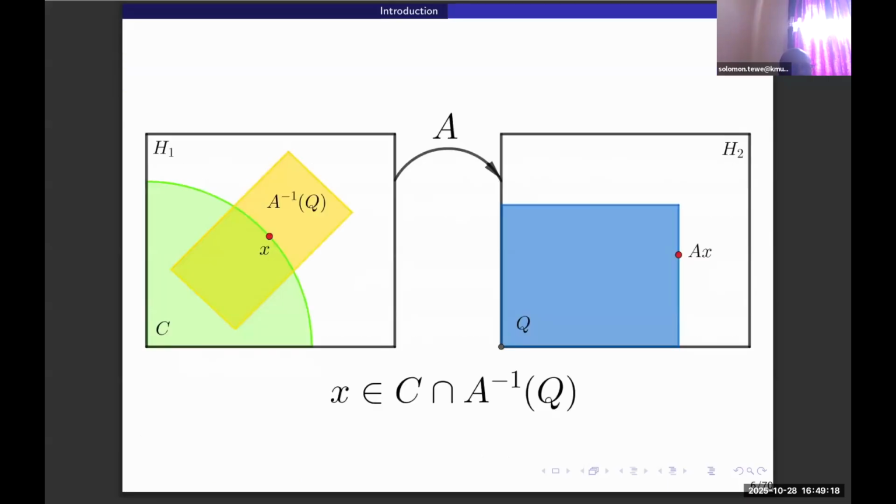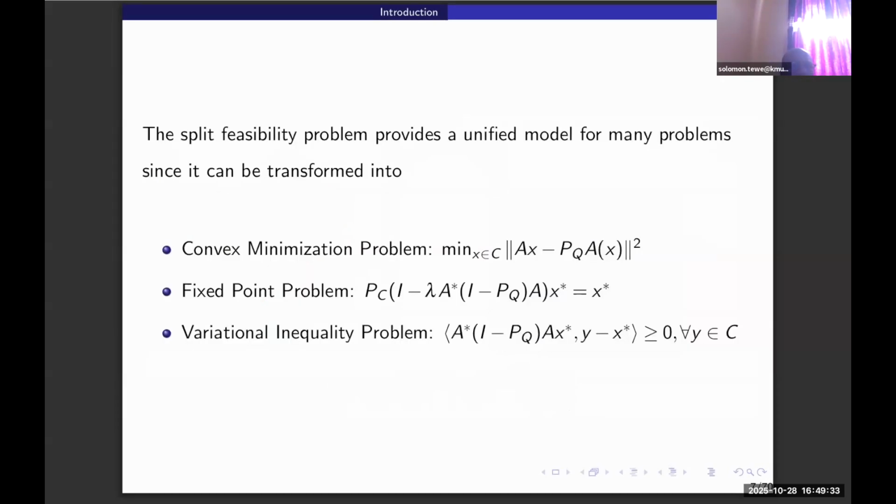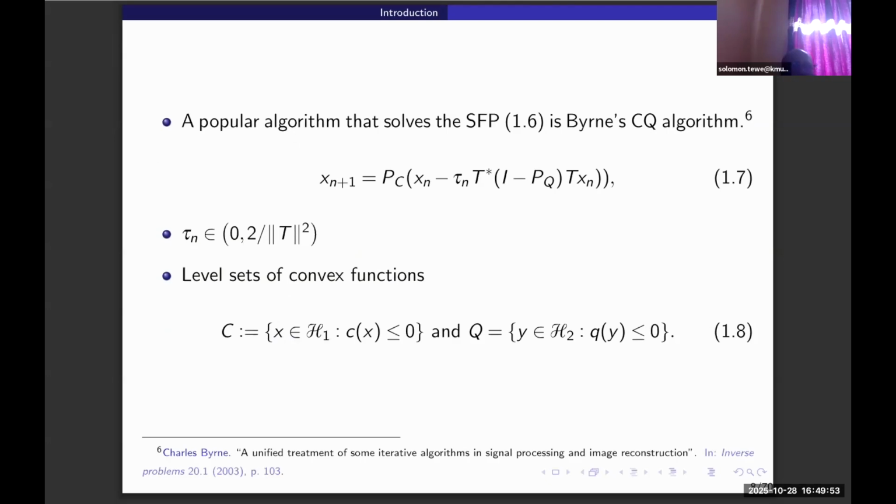This is how we depict the definition, where x belongs to C intersection the inverse image of Q under A. The split feasibility problem is a very important problem because it can serve as a unified model for many problems, because we can transfer them to convex minimization problems, fixed point problems, and variational inequality problems, as shown in this slide.